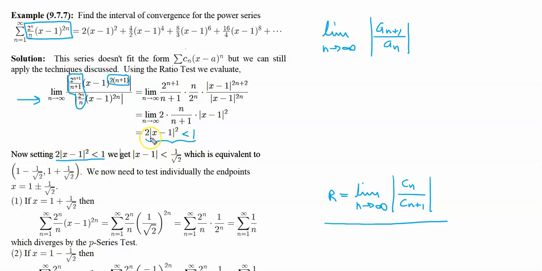And now simplifying this, just divide the 2 underneath the 1. Take the square root of each side to get rid of that 2, and you end up with this right here. Okay, now simplifying that, that gives us this interval right here. Just to fill in a few details here, this inequality simplifies like this, recall.